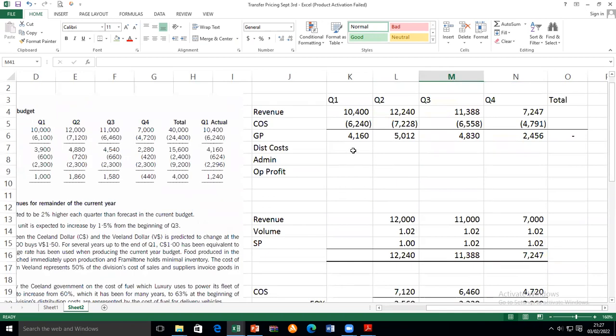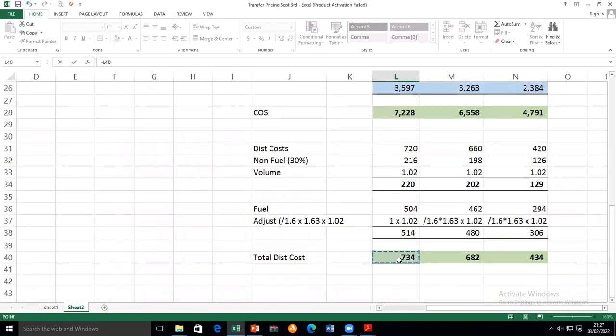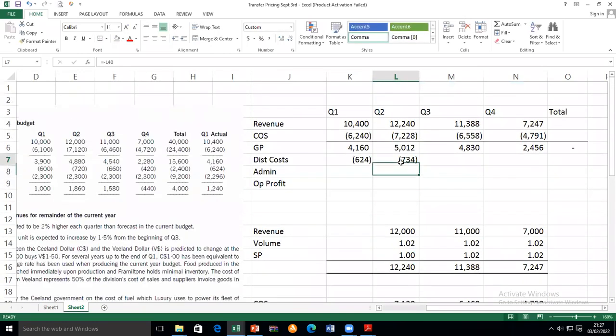So distribution cost, this one I pick 624. This one I pick from here. There we are. What will the admin cost?